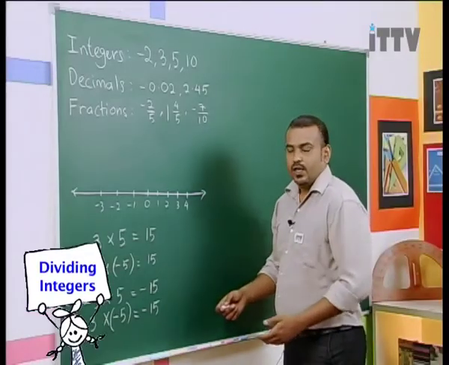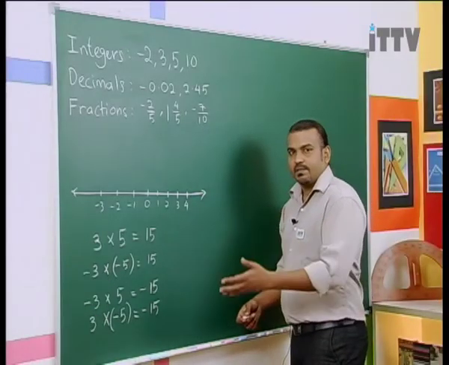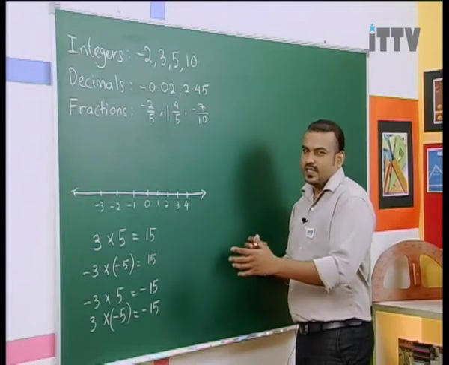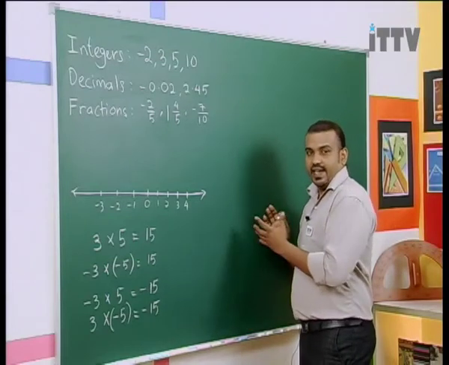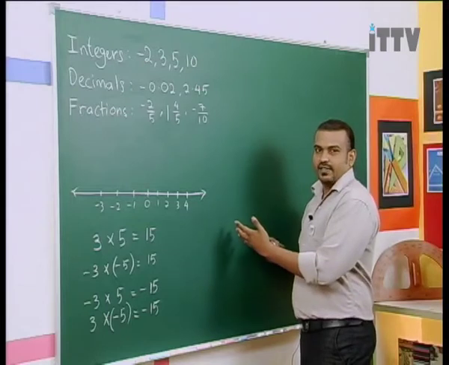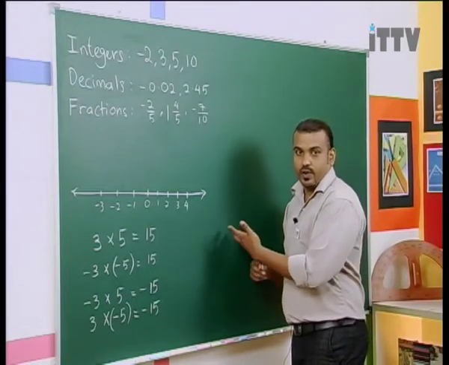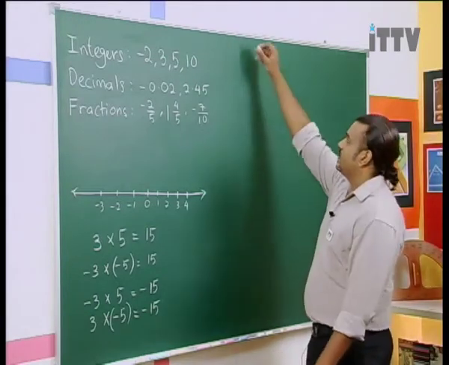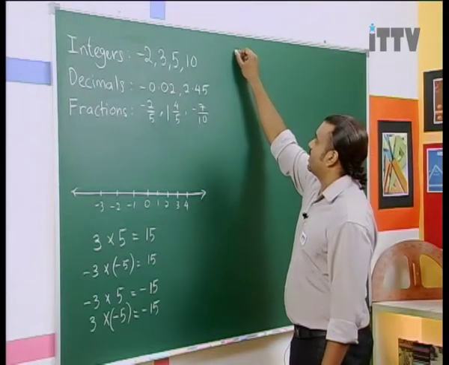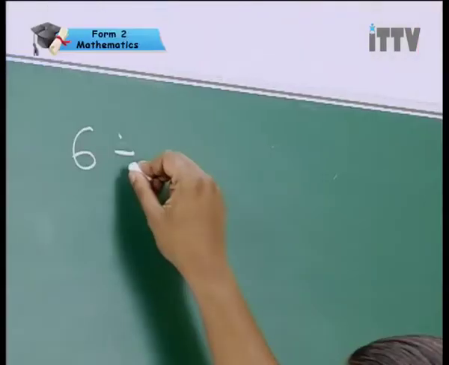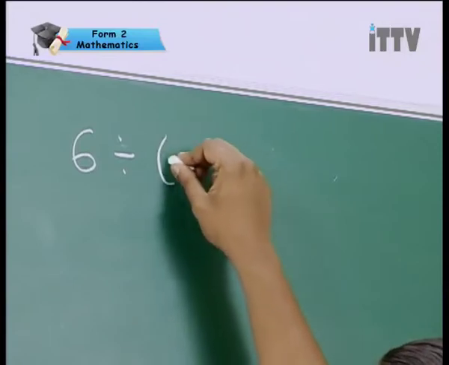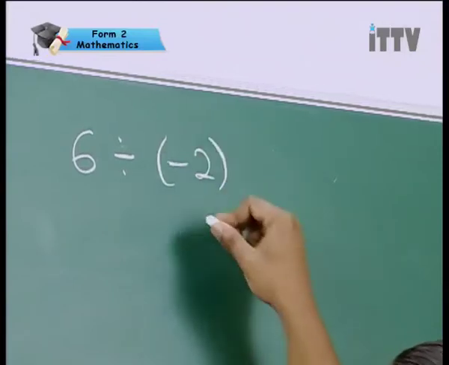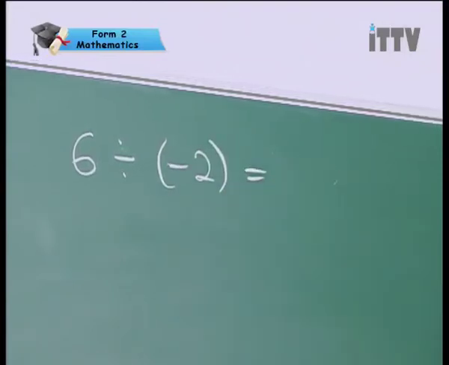Therefore, students, don't worry. As we have already seen in multiplication before, the rule is similar in dividing integers as well. So let's take a look at a few examples so that we really understand what's going on. Say for example, I have this equation, 6 divided by negative 2. Now can we guess the answer here?